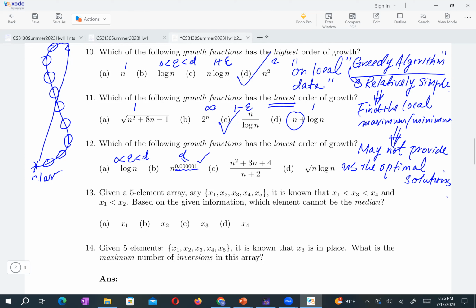This is the order. Here, the order is 1. Cancellation, look at the dominant term. Order is 1. This is 1/2 plus epsilon. So then the lowest is the epsilon.